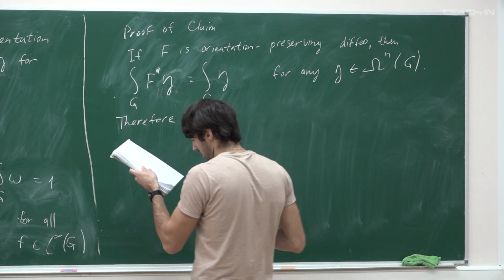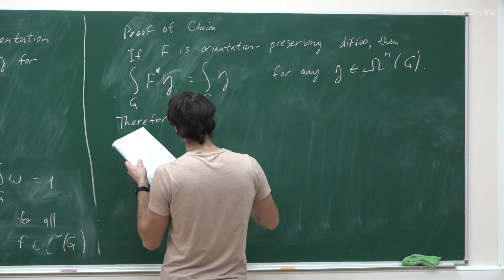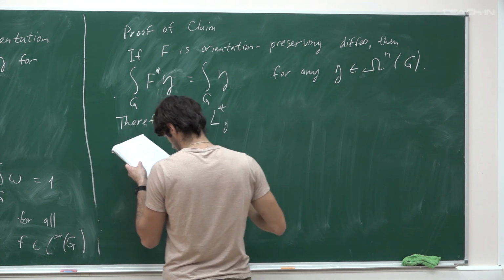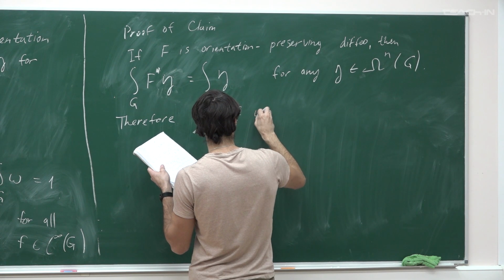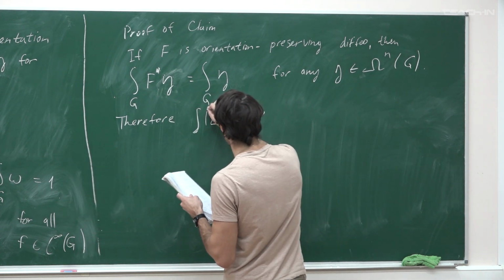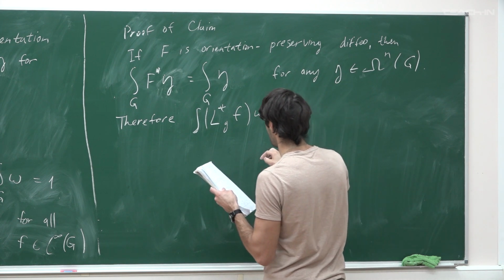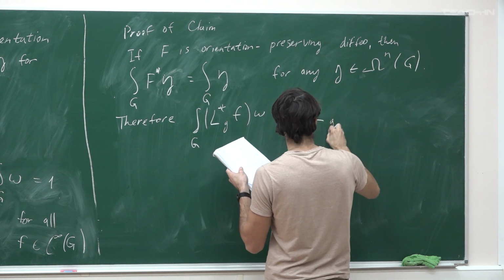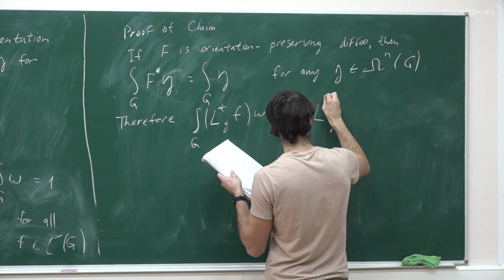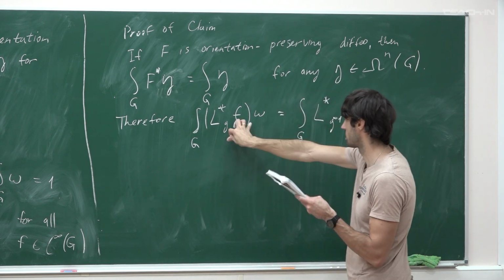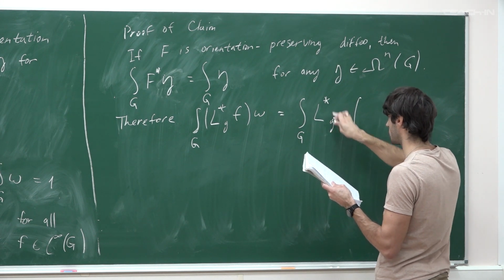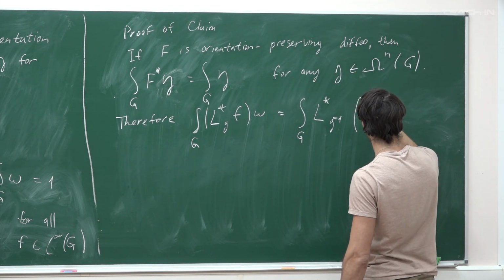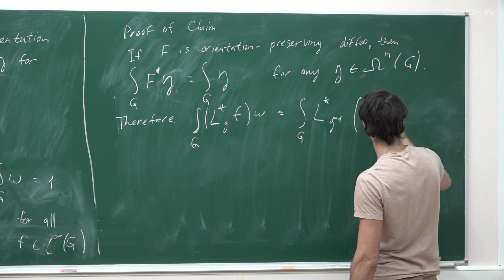So therefore, I can apply this and have L_g star f omega. So I start with the left hand side there. Then I apply this. So it's over G. I would like to apply L_g inverse star to the whole thing, which is some form, right? And I apply L_g star to it and induce this. So I'll have L_g star f omega.